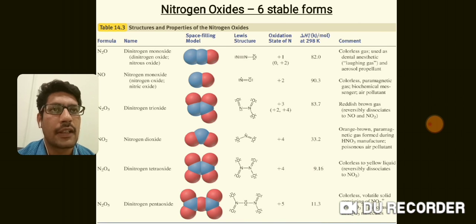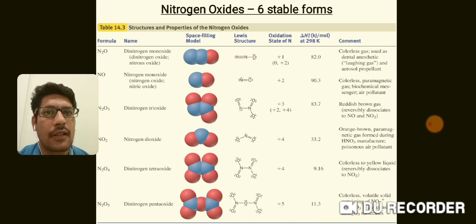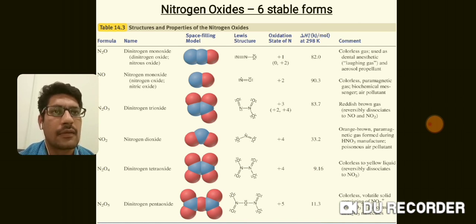Nitrogen oxide occurs in 6 stable forms. These are the 6 stable oxide forms, with their space filling models, Lewis structure, oxidation state of nitrogen, delta H of formation, and their properties.